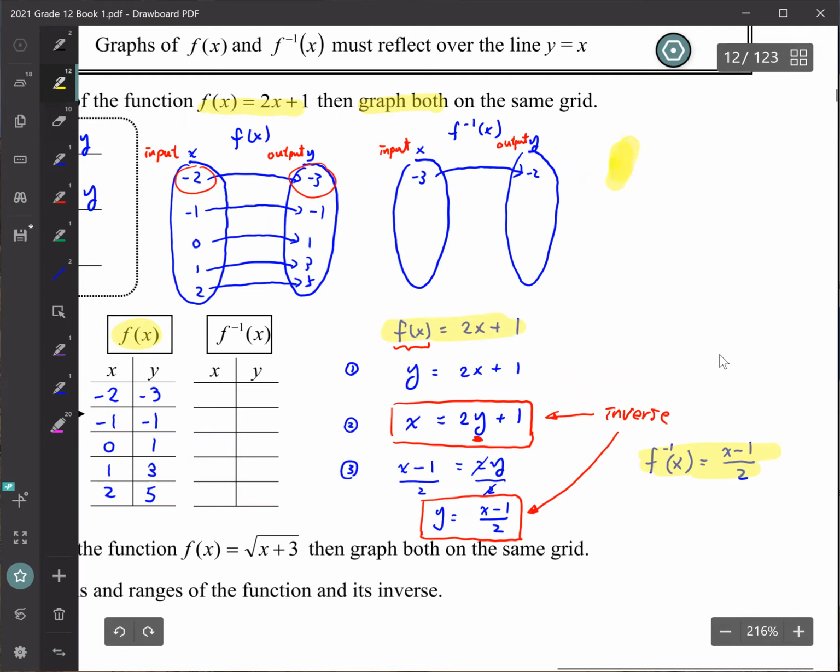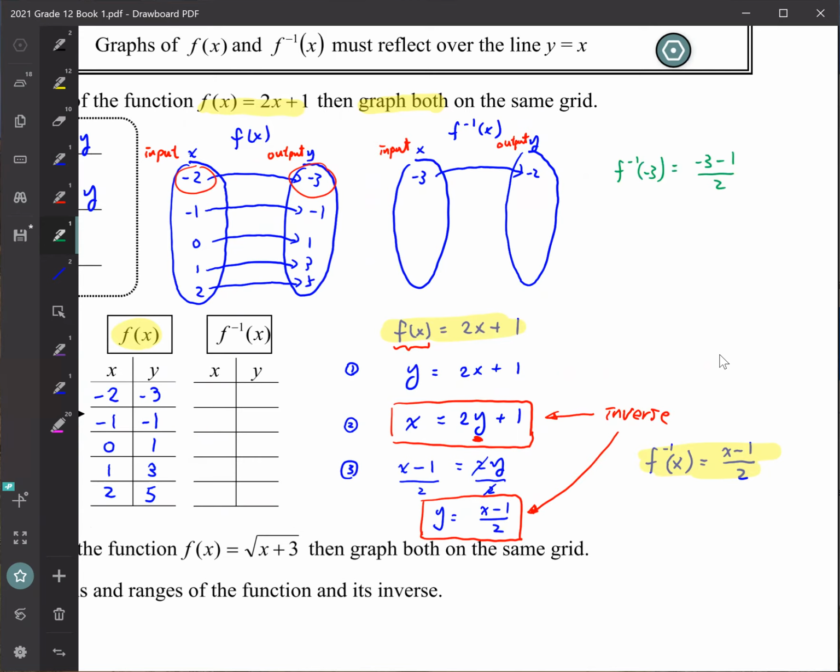For example, if I plug in -3 into the function that we just found, it'll be (-3 minus 1) over 2, right? Because x is -3 now. -3 minus 1 is -4, right? -4 over 2 gives you -2. And we want that, right? I put -3 in, I get -2 out.